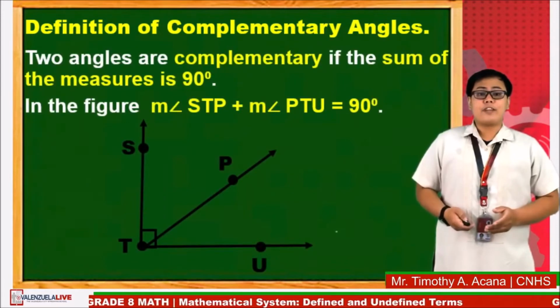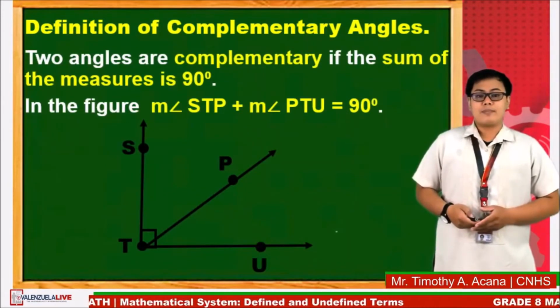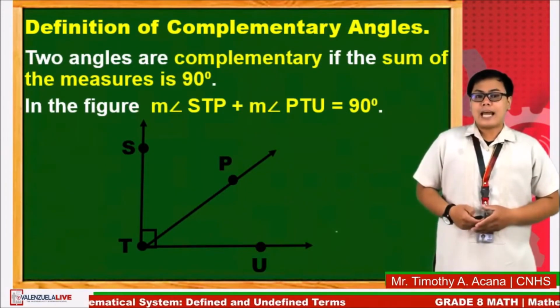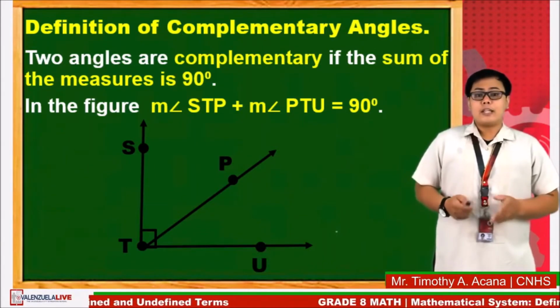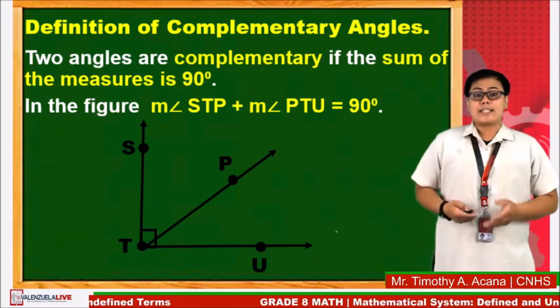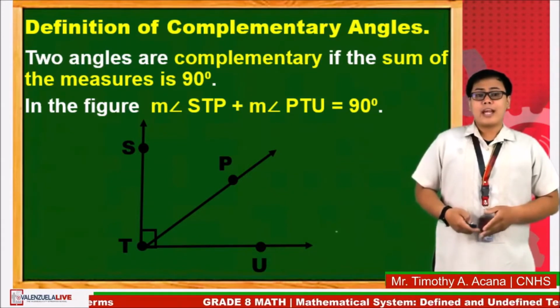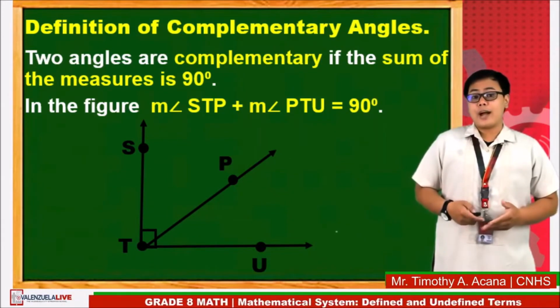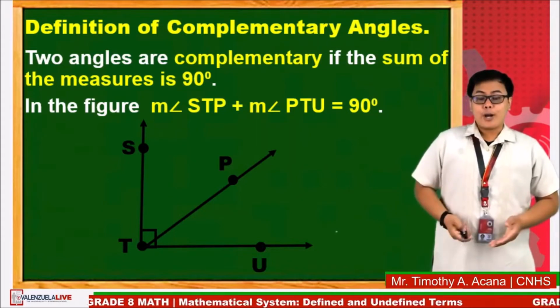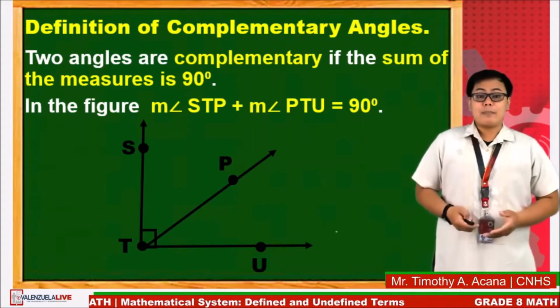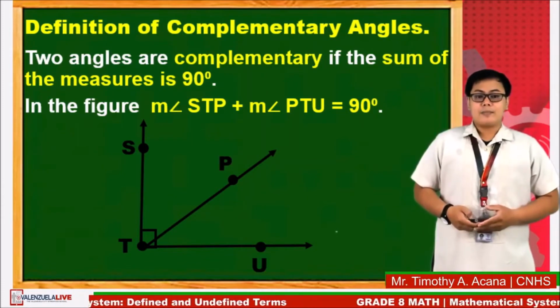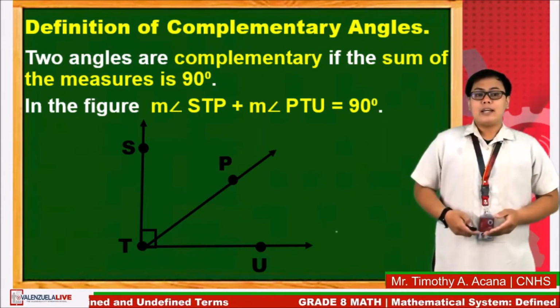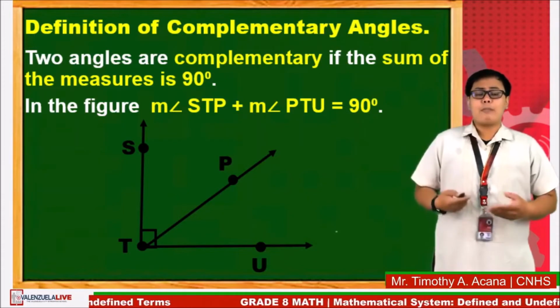Next is the definition of complementary angles. Two angles are complementary if the sum of their measures is 90 degrees. In the figure, since angle STU is a right angle, and point P lies in the interior of angle STU, therefore, measure of angle STP plus measure of angle PTU is equal to 90 degrees, and angle STP and angle PTU are complementary angles.